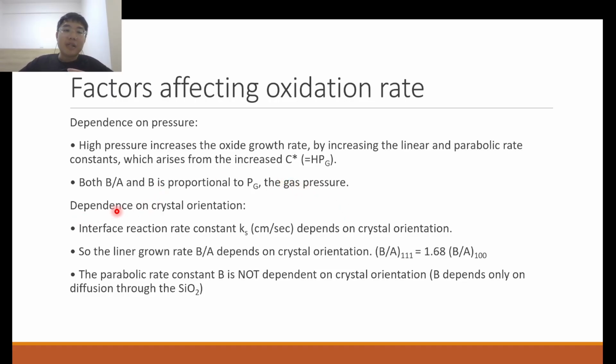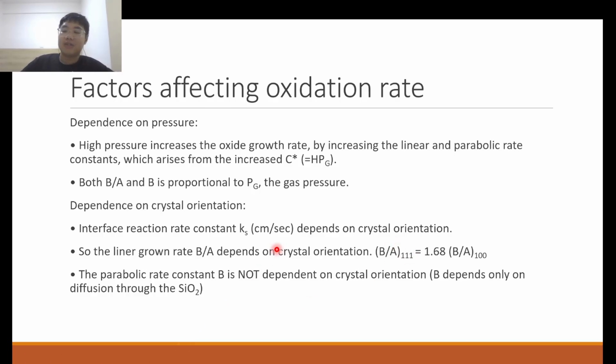And there is also a dependence on crystal orientation. This basically only affects the surface control regime, which is the linear regime. That's because the interface reaction rate constant Ks depends on the crystal orientation, where the linear constant B over A is higher for the 111 surface of silicon compared to the 100 surface of silicon.